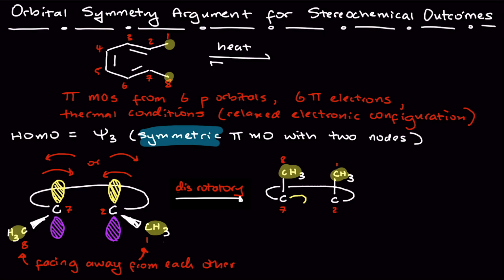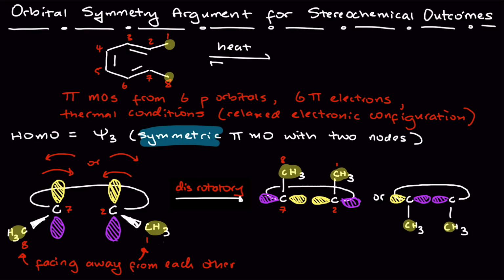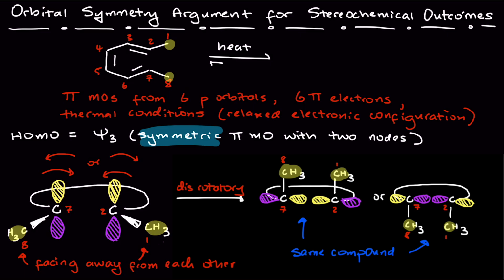Depending on which one you do, you would either have the yellow lobes on the p orbitals overlapping in a sigma fashion, or you have the purple lobes overlapping in a sigma fashion. But note that if you look at these two pictures, these are actually the exact same compounds.